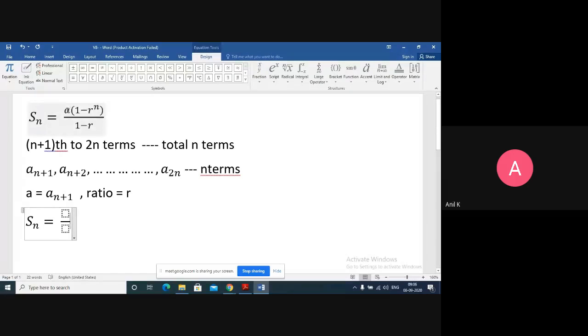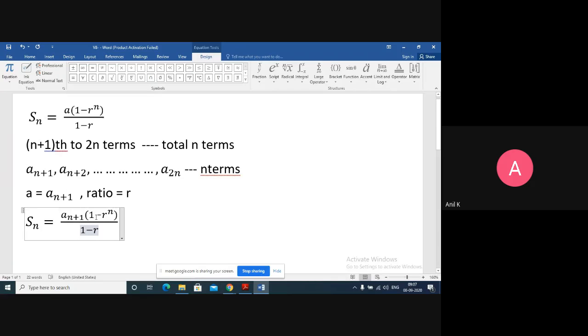The same formula, but in place of a, I will have a(n+1), because for this GP my first term is a(n+1). So it will be a(n+1) into 1 minus r to the power of n upon 1 minus r.